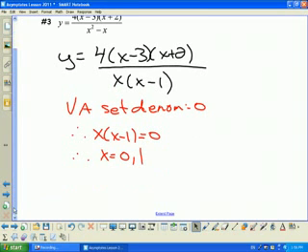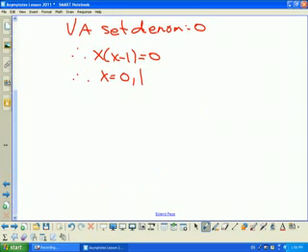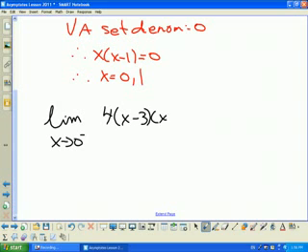Okay, so we know what our vertical asymptotes are. Now we do the asymptotic behavior. Limit as x approaches 0 from the negative side of 4 bracket, is it x minus 3, x plus 2? Now, all I care about is whether each number is positive or negative, very small or not very small.